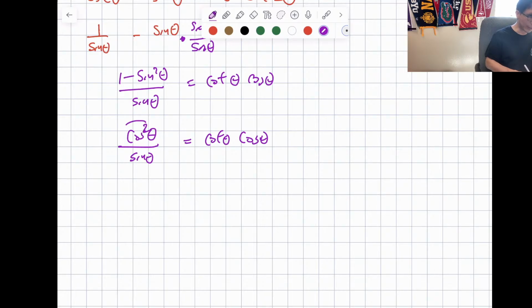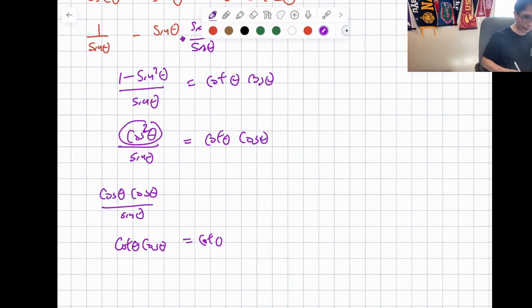So he can split the two. So there'll be a cosine theta over sine theta. What is cosine over sine? So therefore you got the right side equal to the left side.